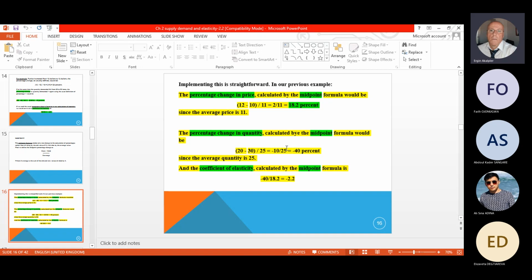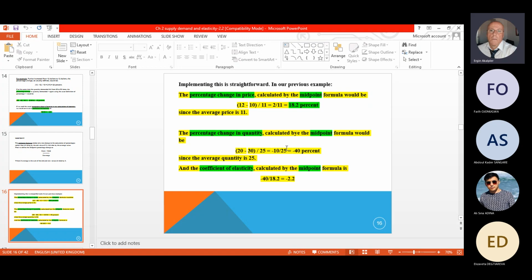Now we go to the percentage change in the quantity calculated by the midpoint formula. Again, 20 minus 30 divided by 20 plus 30 divided by 2, which is 25. Then 20 minus 30 is minus 10, and 20 plus 30 divided by 2 is 25. Then minus 10 over 25 will give you minus 40 percent in quantity change.